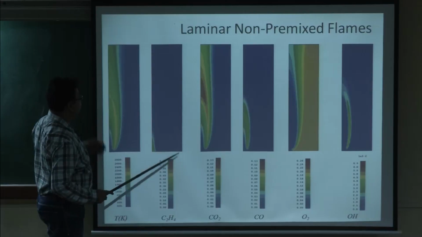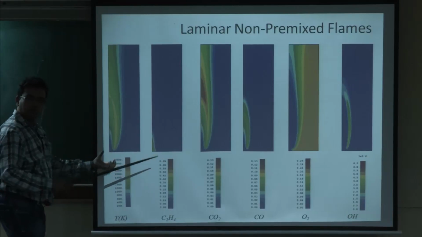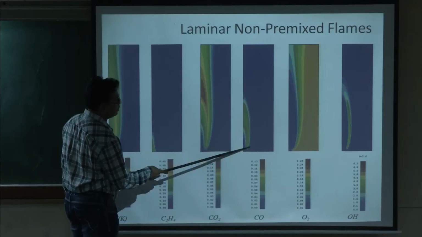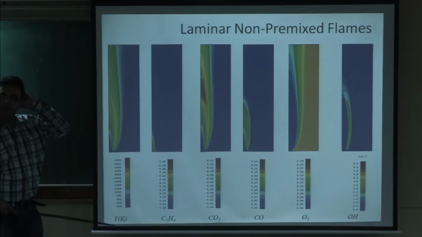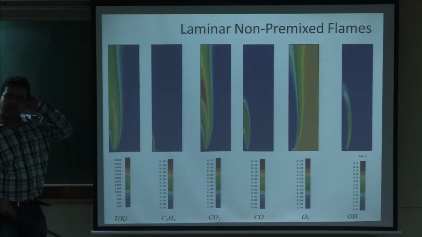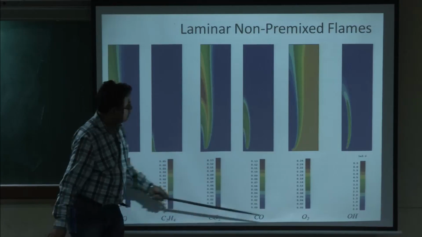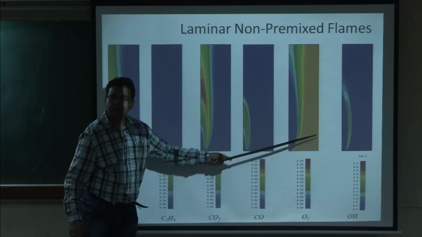If you closely look, the temperature and the CO2 are almost similar, and the CO is characterizing the reaction zone where you have the intense heat release. So, CO marks the reaction zone, and you can see that O2 is present only on the outer side of the flame.